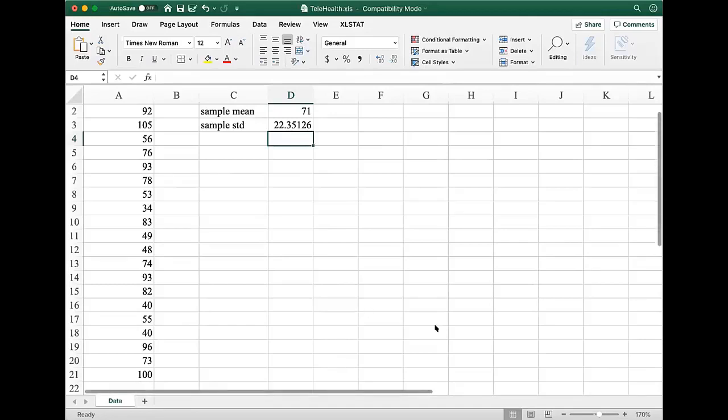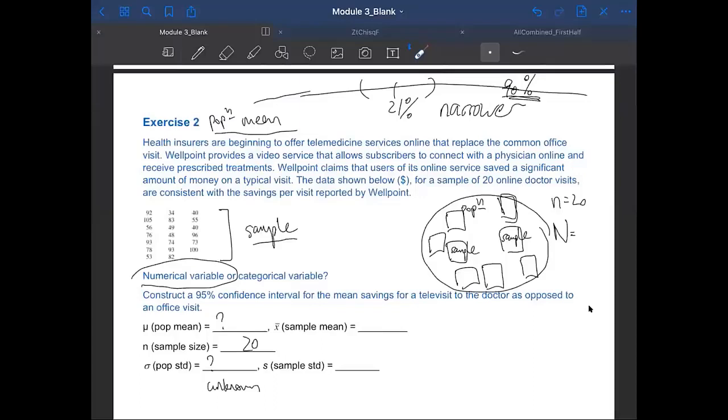So let's go back to what we had before. Great. I'm just going to fill in the numbers we calculated. That's 71, and this is 22.35126. I like to write more decimals just to be sure, because this is a very early stage of this calculation.